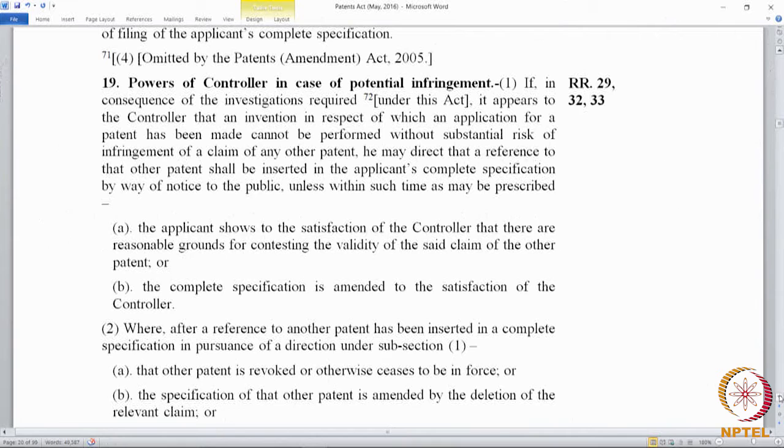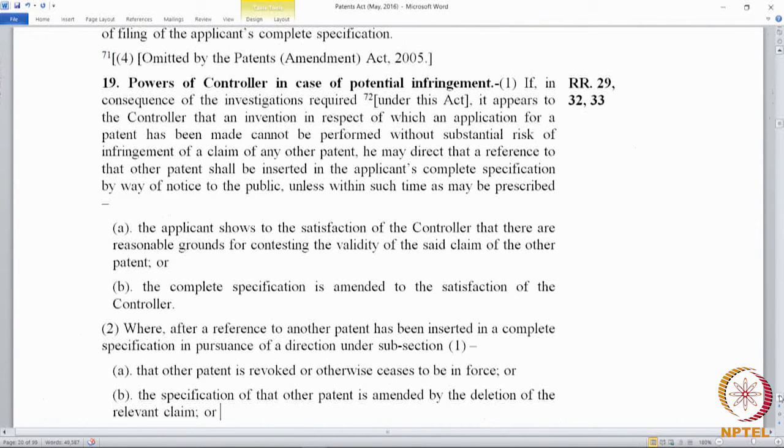Now, tell me one instance where an applicant will not be worried about an earlier reference. The controller says that there is a potential or a substantial risk of infringement. I am going to add this reference, and the applicant says no problem, go ahead and add the reference.